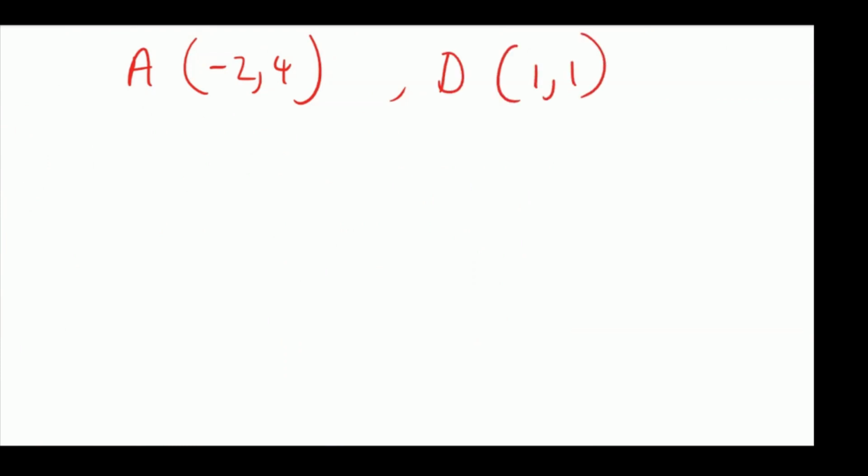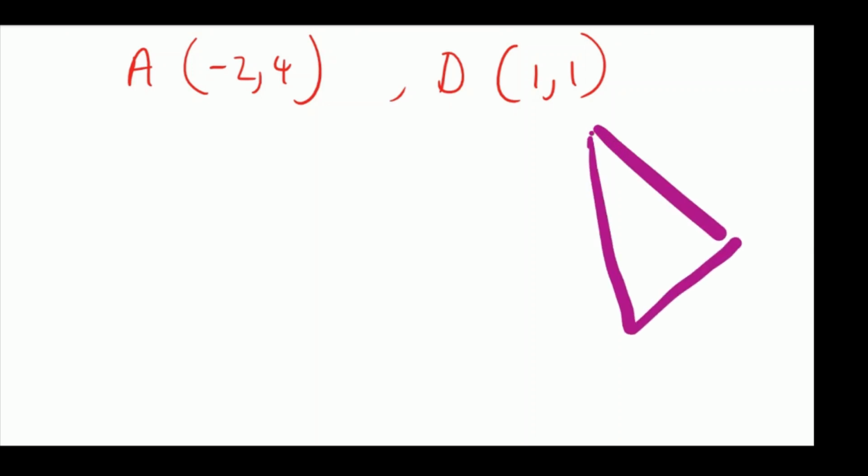If you draw the diagram, A is here, D is here, and E is here. We're looking for this side, we know there's a right angle here, and this is root 2. Let's first find the distance from A to D.